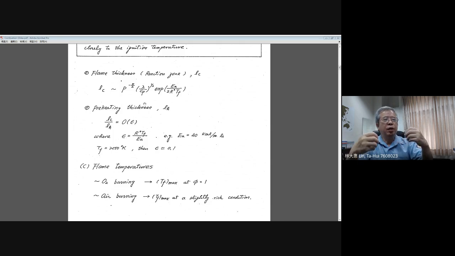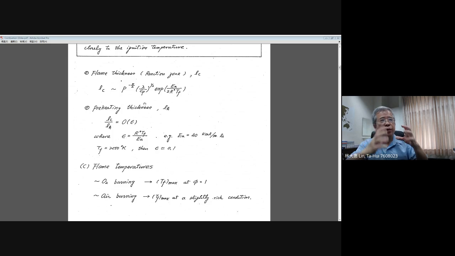Actually, we already explained to you the reaction order needs to be determined by experiments, because for a given chemical reaction, you cannot have just a single chemical reaction to represent the overall multi-step chemical reaction. When you combine it and say this is one single chemical reaction mechanism, then you need to do experiments to determine it, because the chemical reaction rate is proportional to, for example, the fuel and the oxygen, right?